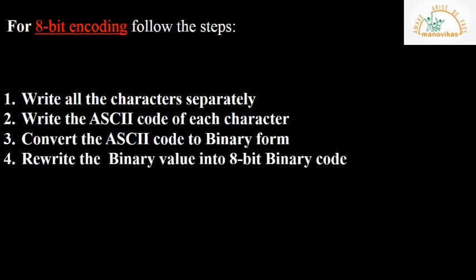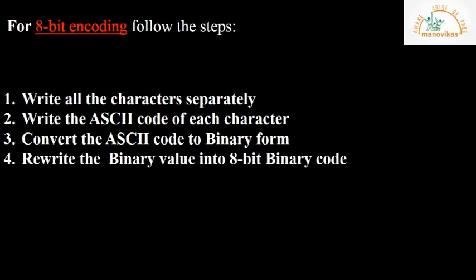And the last step is rewrite the binary value or the binary code what you have calculated or what you have formed into 8-bit binary form. What is that 8-bit binary form? The total number of bits in each code what you have formed should be 8.